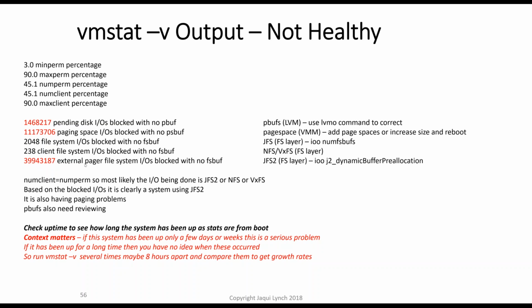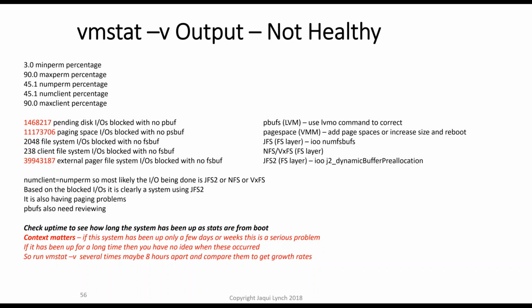One of the things to keep in mind is that when you have blockage in one place, it's likely that you're going to have blockages in other places. As an example, if I can't get any file system buffers, then the IOs that I built are going to stay in the pbufs.